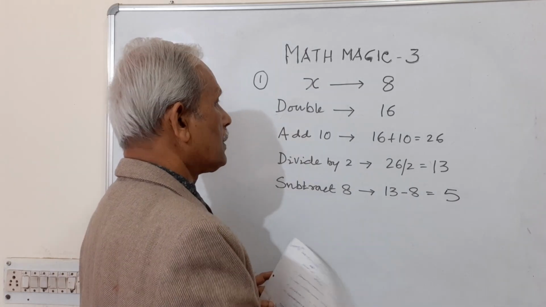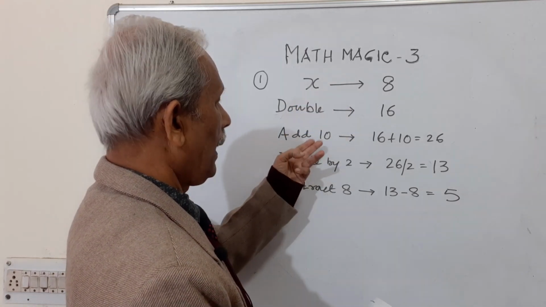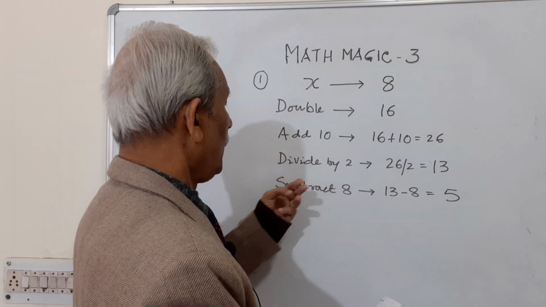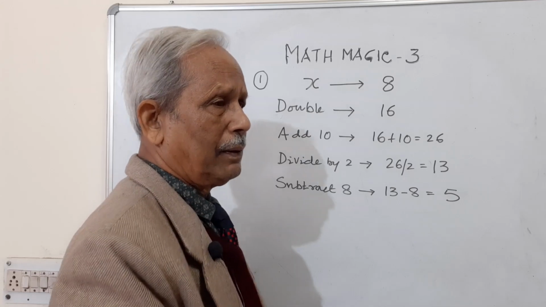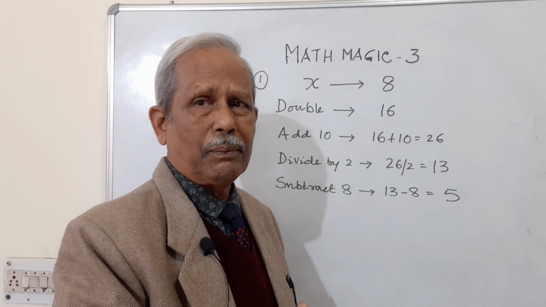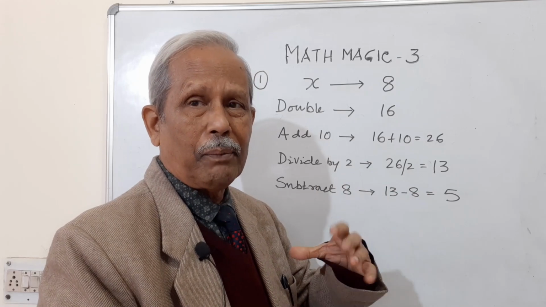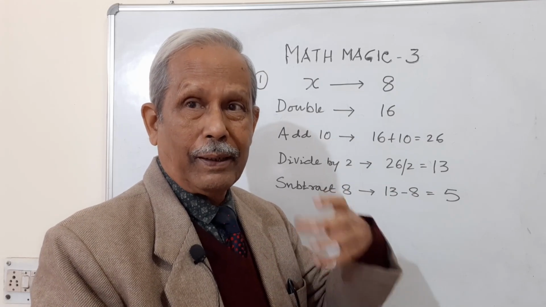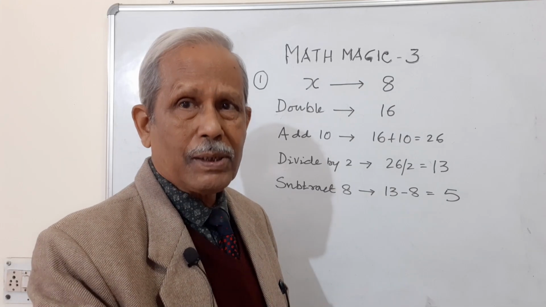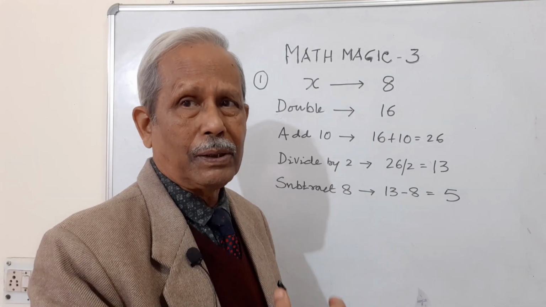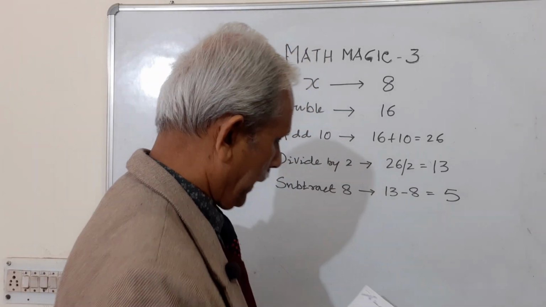And you can always see, any number you take, double it, then add 10 to it, divide it by 2, and then subtract the original number, you'll always get 5. This is a trick. There's nothing extra special about it, but this is a trick. But you can prepare such things, and you can make people say yes, something new, something magical. But then that will help you to understand the mathematical things, the mathematical operations, mathematical process in between, right? So this was a trick.